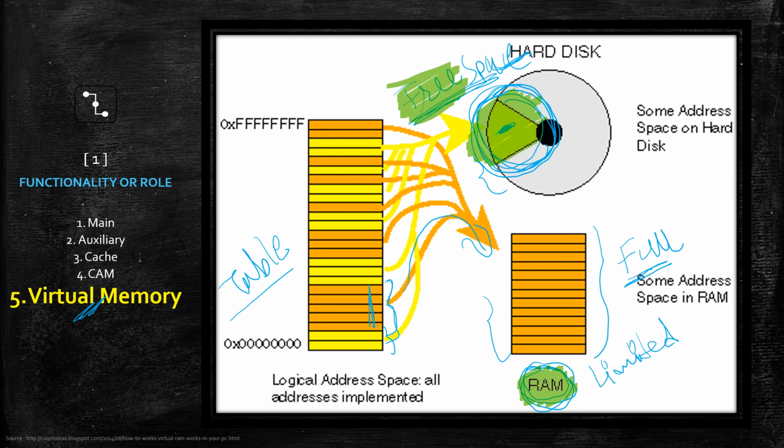Why? Because my RAM has a limited size, and currently it is full, but still I want to use more RAM, so I use the technique called virtual memory. This is the idea behind virtual memory.